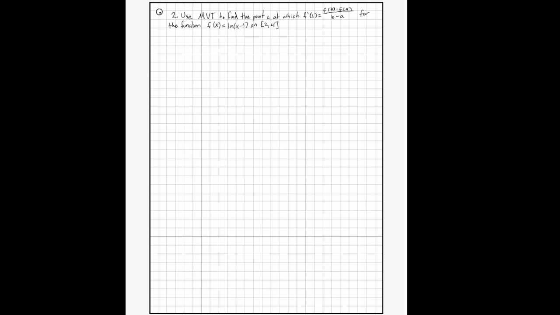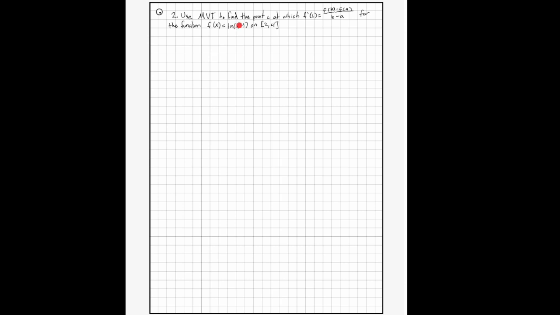It says to use the mean value theorem to find the point c at which f prime of c equals f of b minus f of a over b minus a, for the function f of x equals natural log of x minus 1 on 2 to 4. So first of all, I need to find the derivative of f of x, which is just the natural log formula.